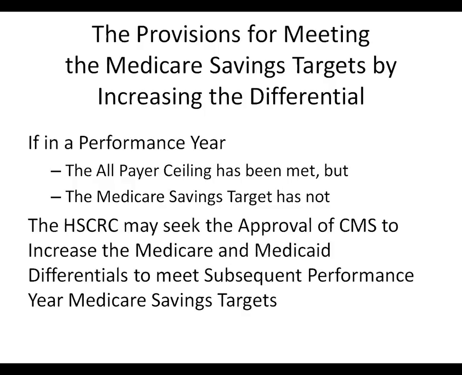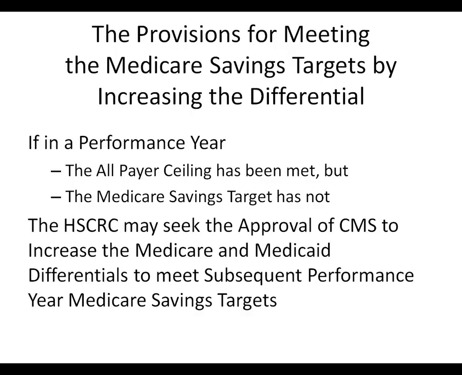There is, of course, within the demonstration a provision which allows for an adjustment to the Medicare and Medicaid differentials in the event that the first of these waiver tests, the all-payer ceiling, is met, but that the second of the tests, the Medicare savings target, is not met.